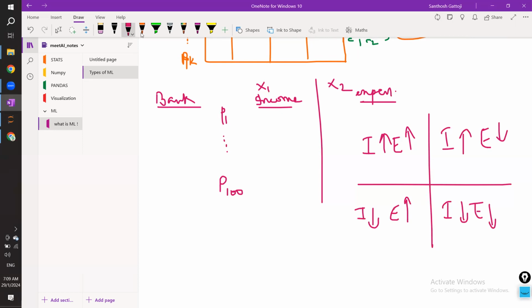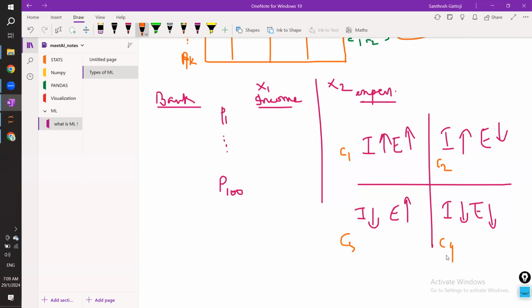Expenditure is how much they're spending, and income is how much they're earning. This 100 people's data will be divided into 4 groups, and each of these will be called a cluster: cluster 1, cluster 2, cluster 3, cluster 4. However, how we are going to do that, and what type of algorithms we are going to use, we will see later.